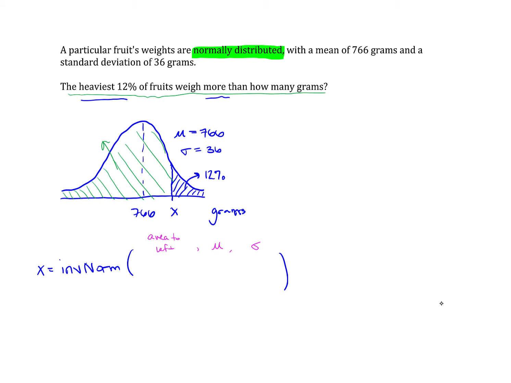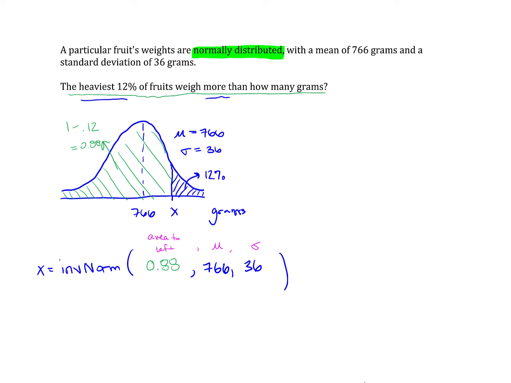You just take 1 minus 0.12, which is equivalent to 100 minus 12 for percentages, and that's going to give 0.88. So the area to the left is going to be 0.88. That's what we'll provide to the function. Now, the mean and standard deviation, those we don't have to make any adjustments to. We just give them as is.